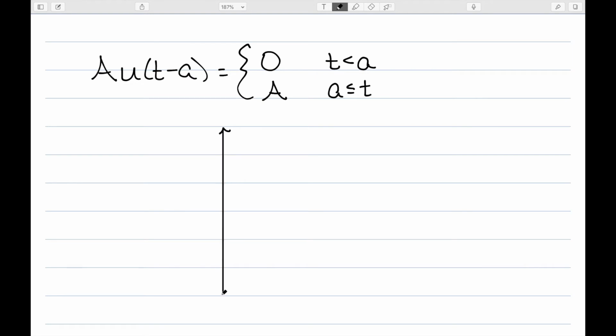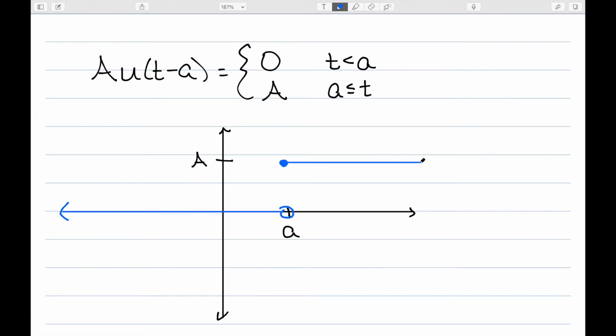So if I go ahead and draw my graph again, we'll let little a be this point here, and capital A will be on my y-axis. In this case, as long as I'm less than a, I'm still going to be equal to 0, so I'm still down here on my axes. But once I hit the point little a, I'm going to jump up. So this allows me to change the height of this step function.